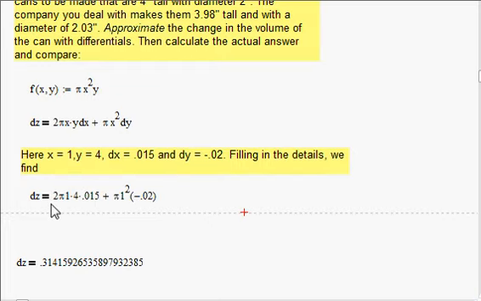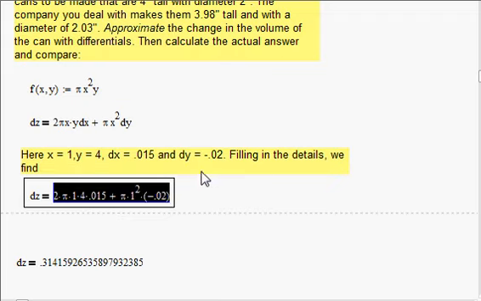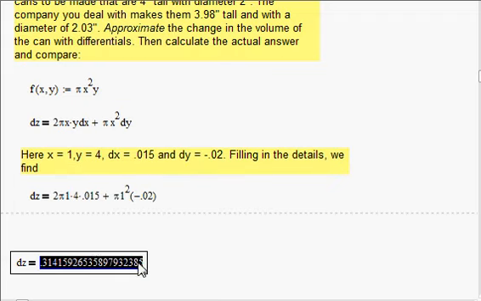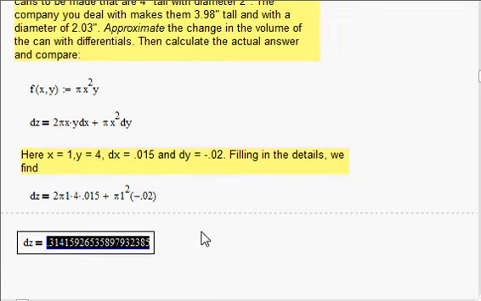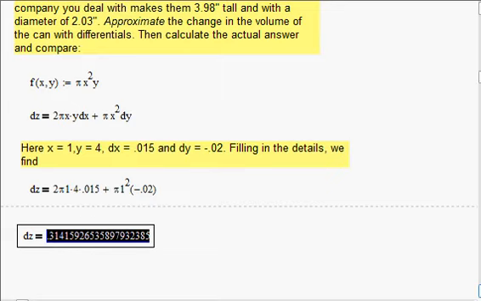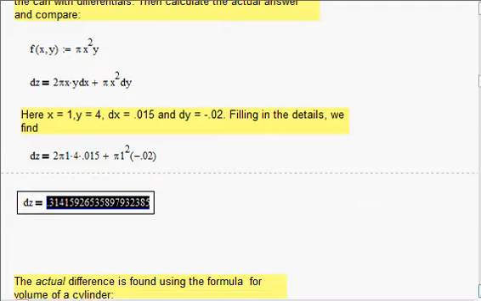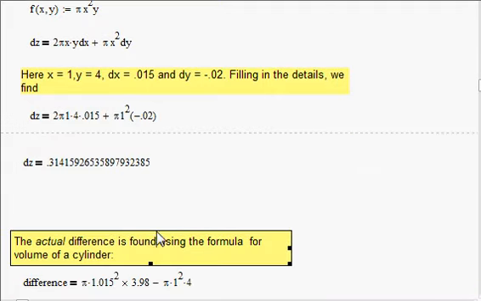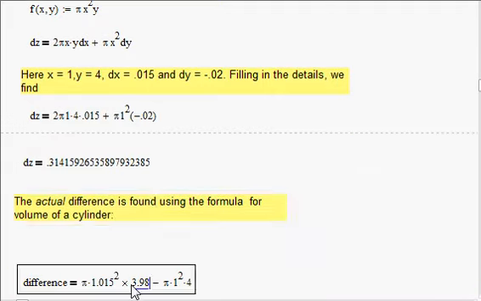If I do the math on this, any calculator will take this amount, calculate it, it comes out to approximately 0.314159, etc. You could probably see that. Actually, it looks like pi over 10. If you wanted to do a little more accurate approximation of it, that's pretty much what it looks like. And that was an approximation, so that's pretty good that we can recognize that to be practically pi over 10.